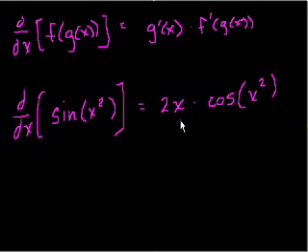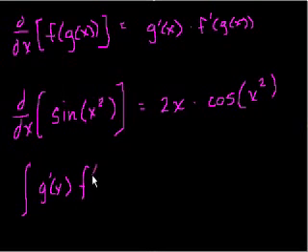So what happens if we want to reverse the chain rule? Well, if we wanted to reverse it, we're essentially saying that we want to take the integral of something where we have the derivative of the inner function, and then we have the derivative of a larger composite function.